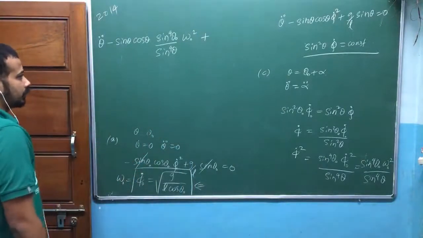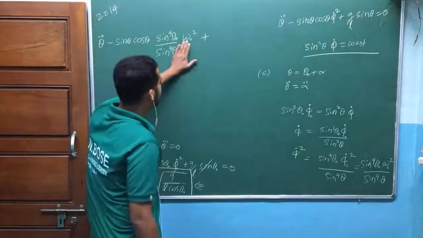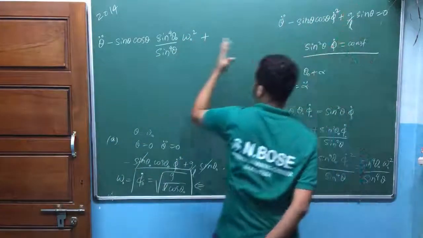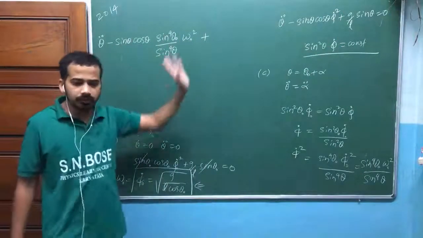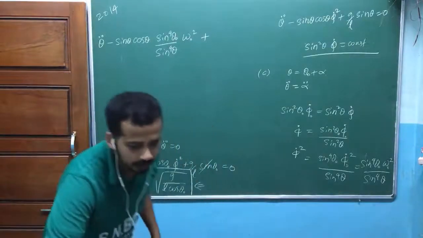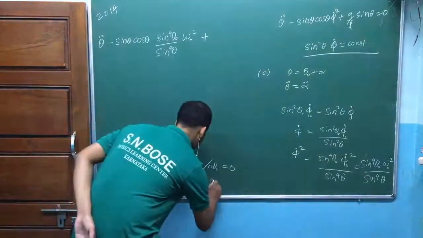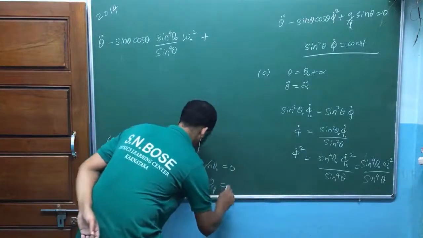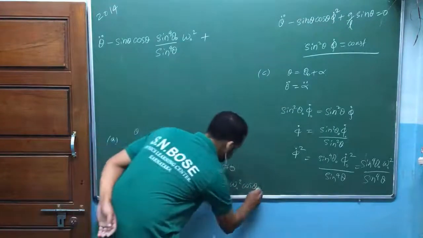But what I am feeling is, if I write this one in terms of omega naught, this part is also better written in terms of omega naught. If I do some small angle approximation later, something will get cancelled. That is the idea. So plus G by L, from this equation, G by L I can write as omega naught square into cos theta naught.